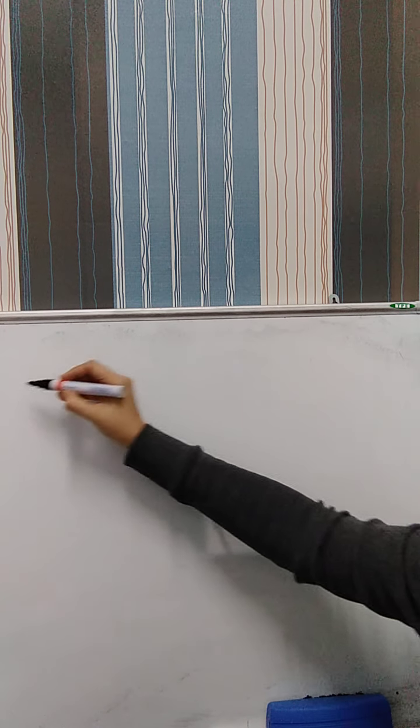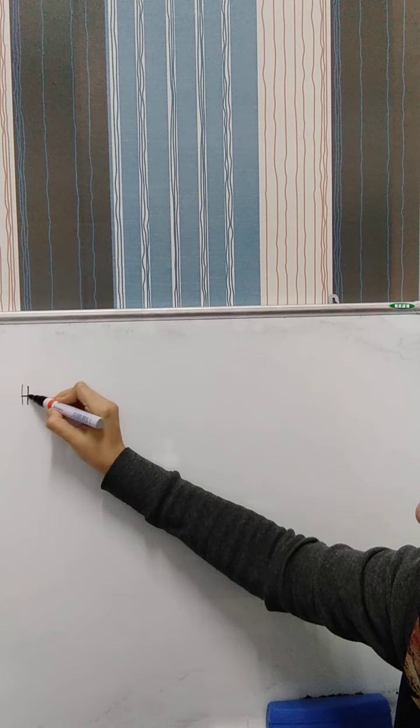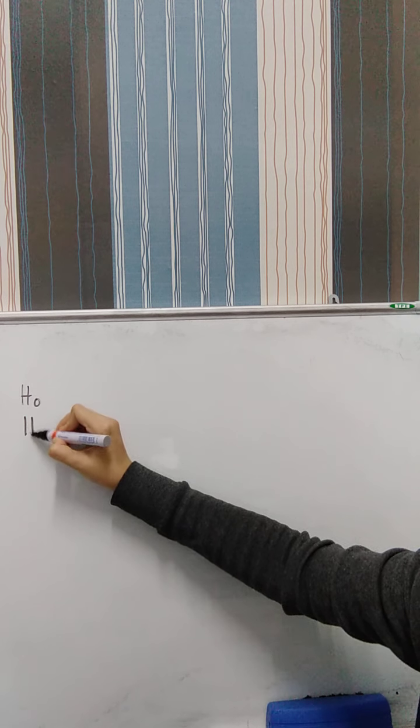Okay, I give a sample of how to find the critical value for the t-test. You need to start with H0 and H1.